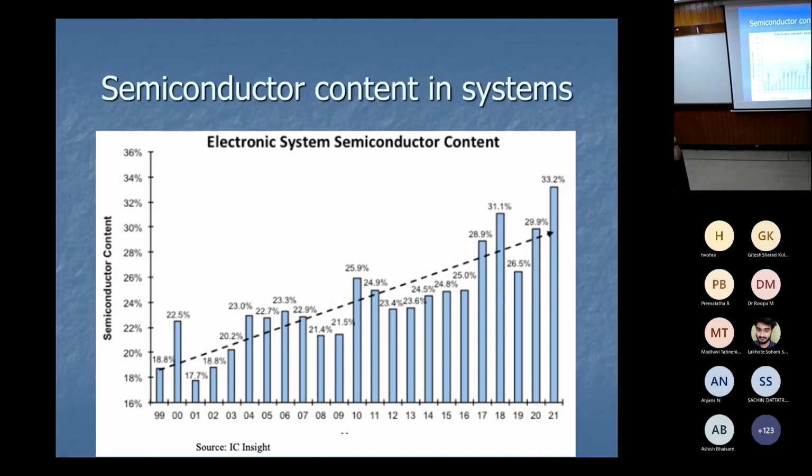So it's electronic systems, and even the mechanical. If you see, the cars are more electronic today. The 33% is a 2021 statistic, so that means we need semiconductors in every solution.